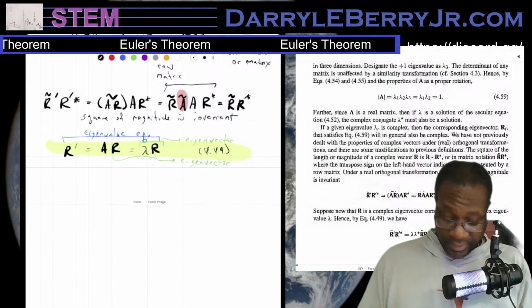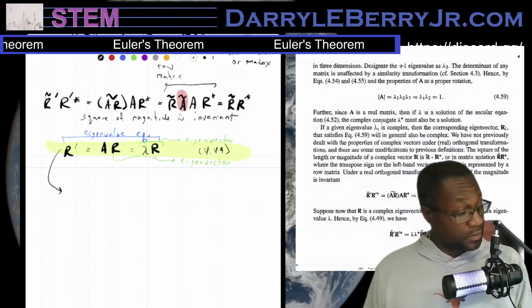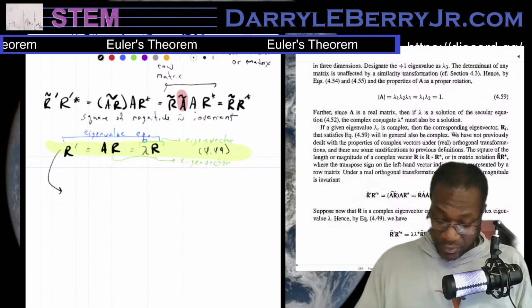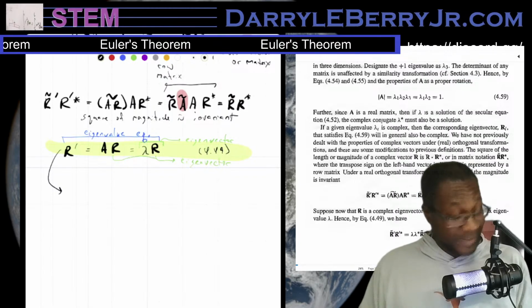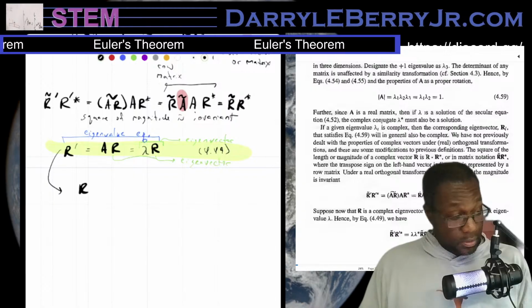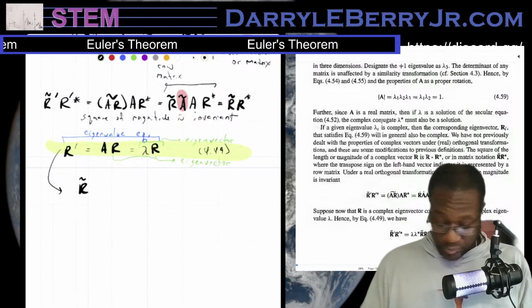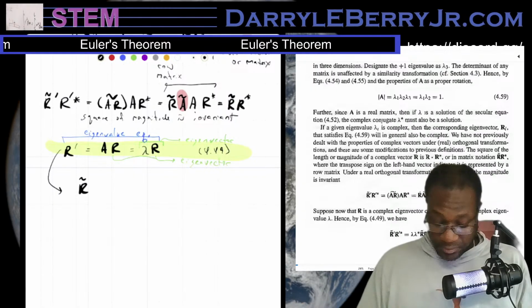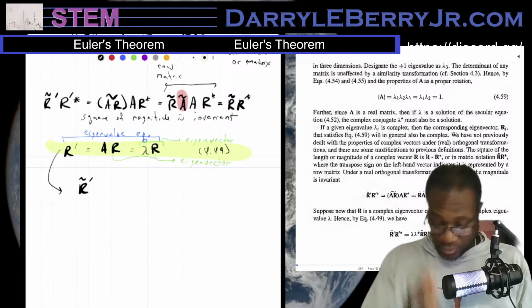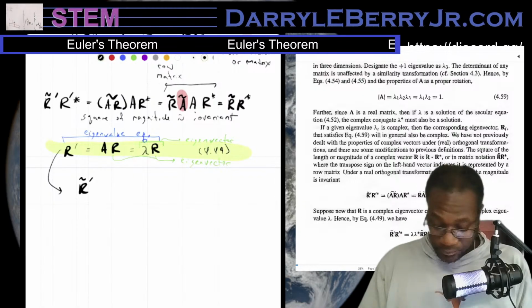Now for the next line, I kind of hate when they don't put numbers on the equations, but we have R transpose, so we know that we swap the rows and columns, making the vertical rows horizontal.